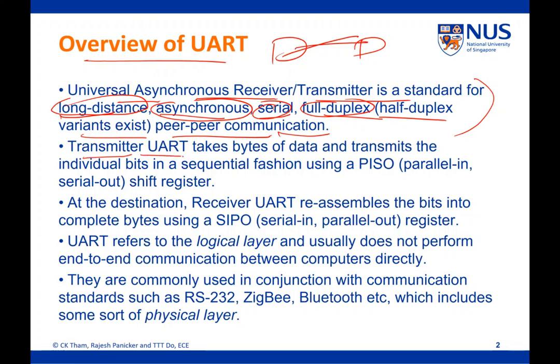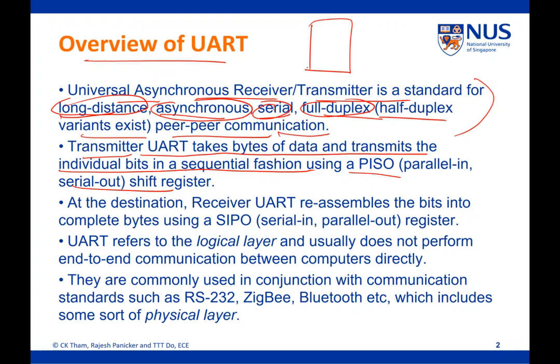UART transmitter takes bytes of data and transmits the individual bits in a sequential fashion using a parallel in serial out shift register. Okay, so the UART fundamentally is just like any other serial communication mechanism. The transmitter side gets the data in parallel from your processor. So this is usually your processor, right? So the processor writes in parallel to the transmitter.